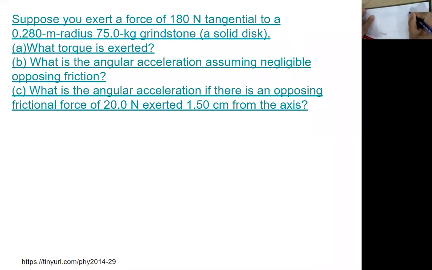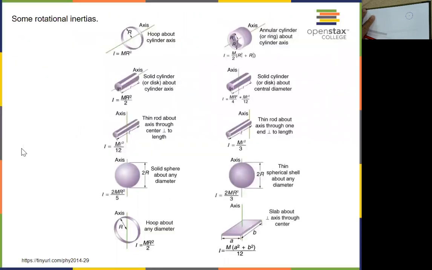So if you have a grindstone, it's a solid disk like this, right? So the axis of rotation should be going through the center perpendicular to this plane. This is your axis of rotation. We can go a couple slides back to find the moment of inertia of this one. So it's a disk.